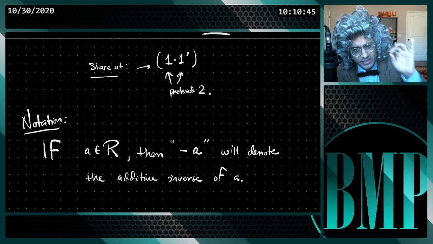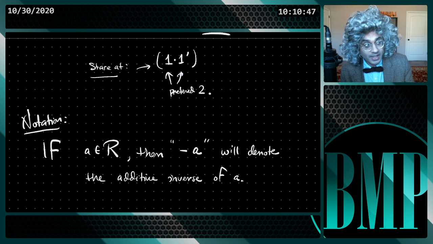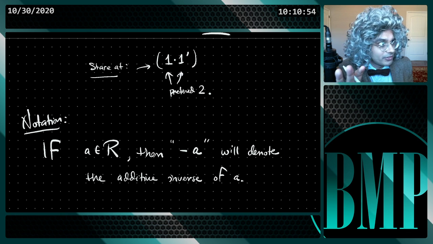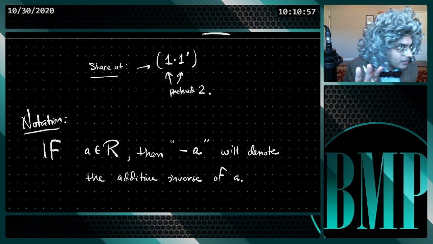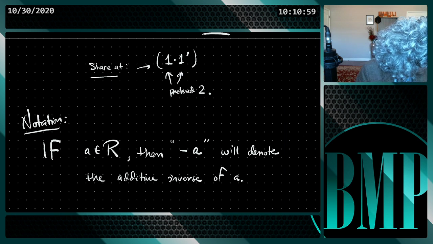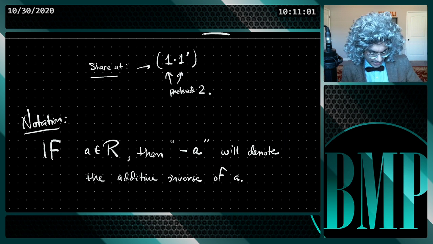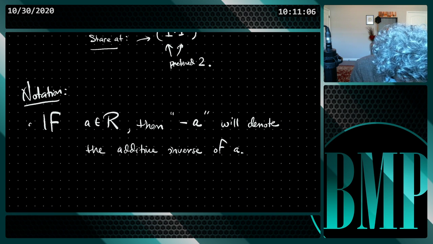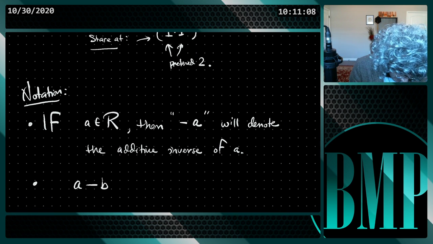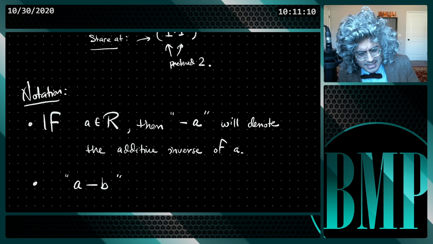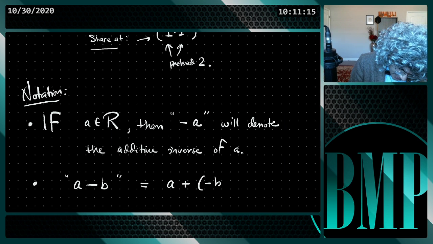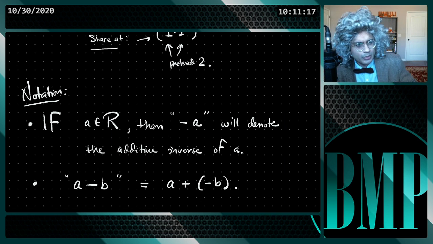Remember, the ring with the plus operation is a group. The ring with the multiplication operation, not a group, as we will see shortly. Okay, so we'll denote the additive inverse of A. And also, when we write A minus B, what we mean is A plus negative B. That's what we mean when we say A minus B.